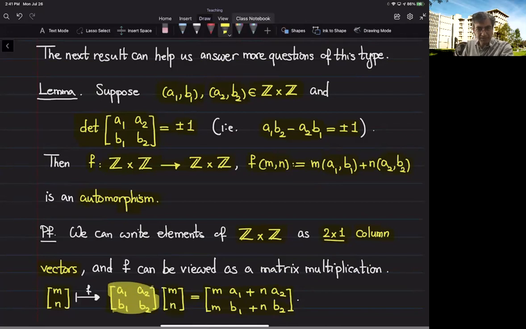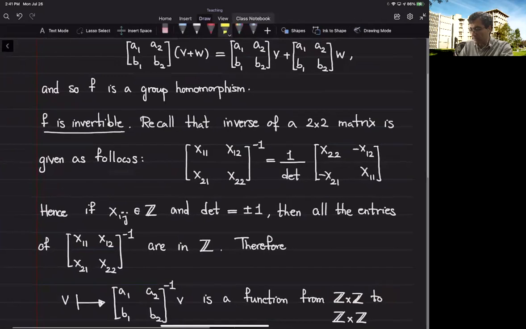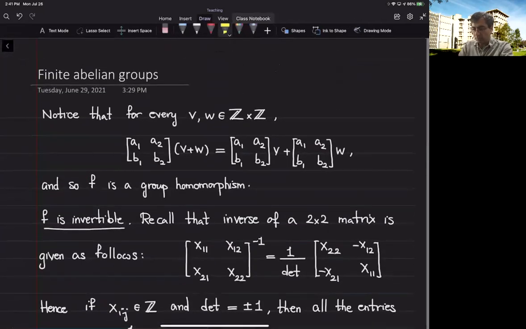Now let's see why it's an automorphism. Let's start with checking why it's a group homomorphism. But that's easy because we know multiplication distributes. So for every two vectors V and W in Z cross Z, as I multiply this 2 by 2 matrix by V plus W, I can distribute and multiply this matrix first by V and then by W. That means that f sends V plus W to this product, it sends V to this product, and it sends W to this product.